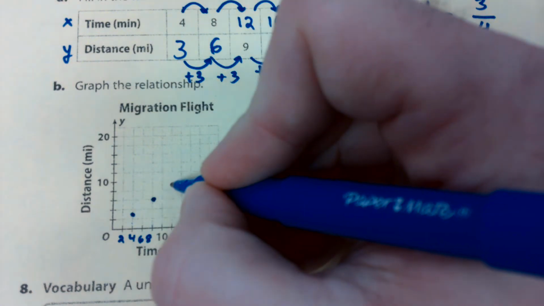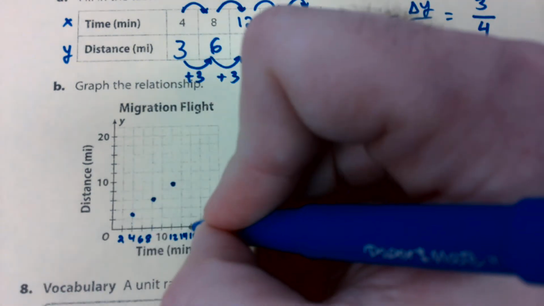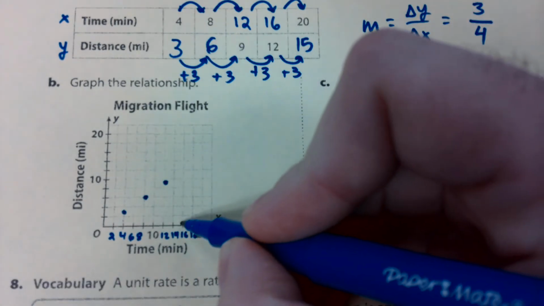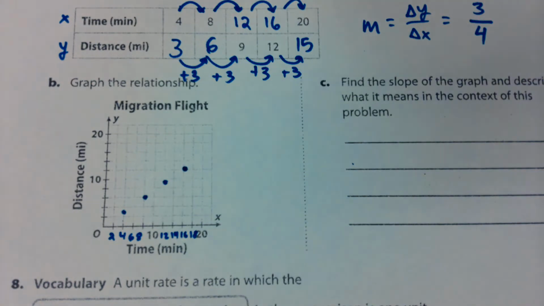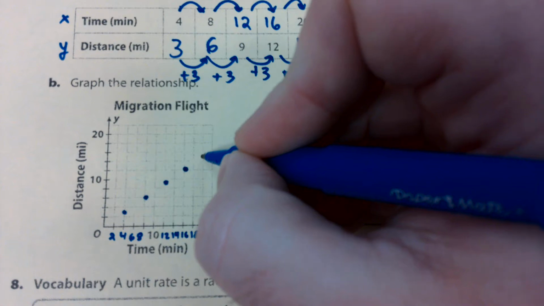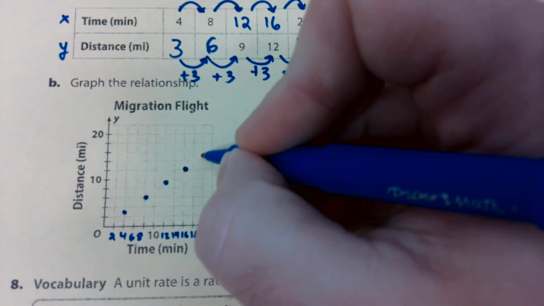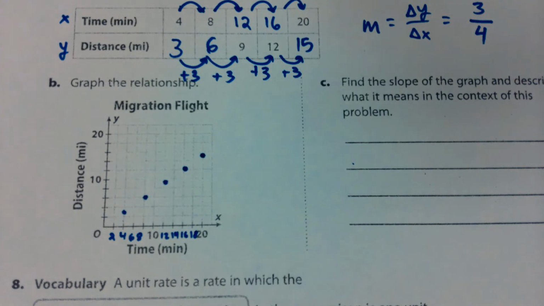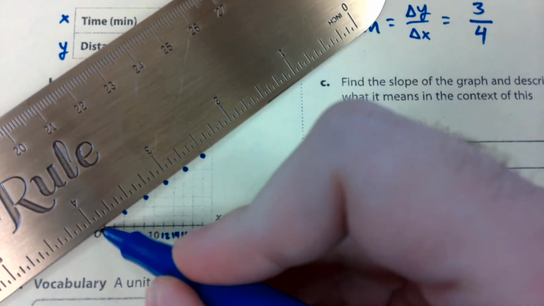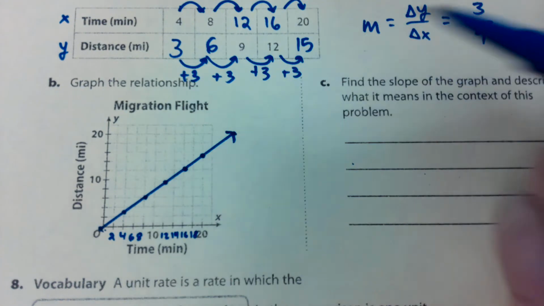Then we got 12, 9. 16, 12. And we got 20, 15, right about there. And if you did everything right, you should see that, hey, those dots form a line, right? Just like that.